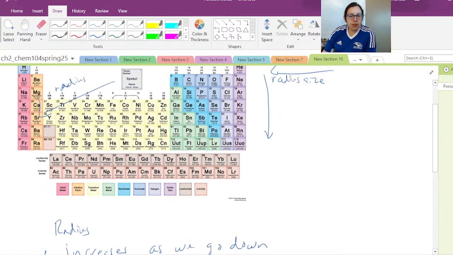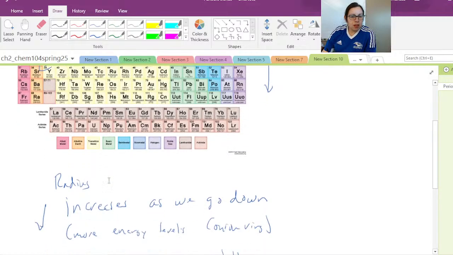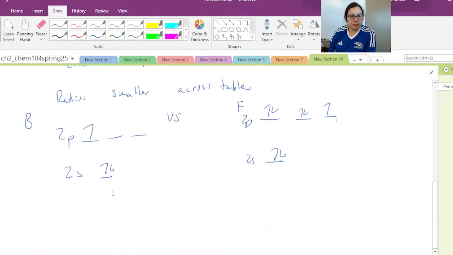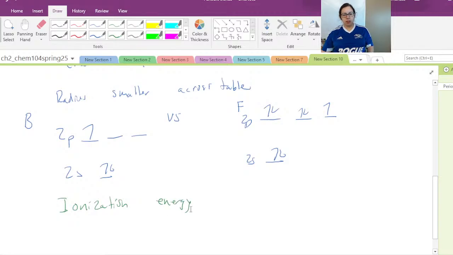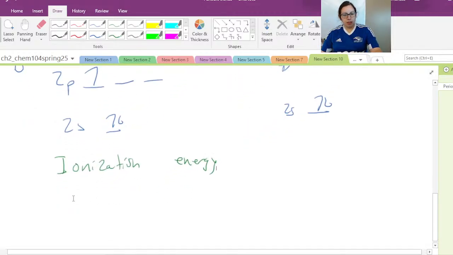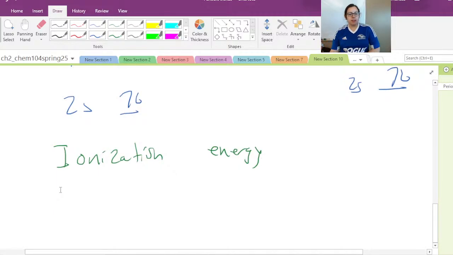And so with that, there are also other trends, and it follows similarly. So now we have ionization energy, and let's define this. Formally, ionization energy is how much energy it takes to ionize and eject an electron.